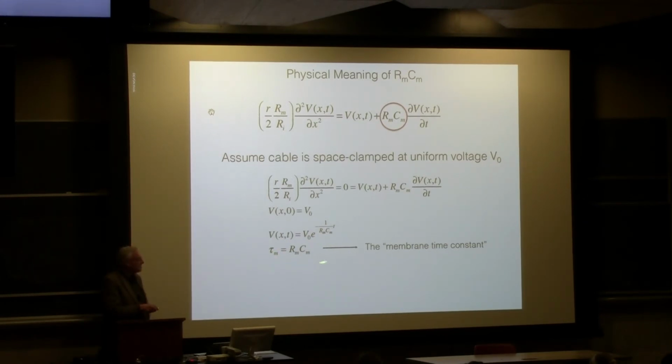This becomes an inherent property of the cable that we're thinking about. It's determined by the bilayer lipid membrane intrinsic capacitance, and it's determined by the intrinsic resistivity of that membrane. And once those are set, we have a natural time constant in the system by which we can normalize time.